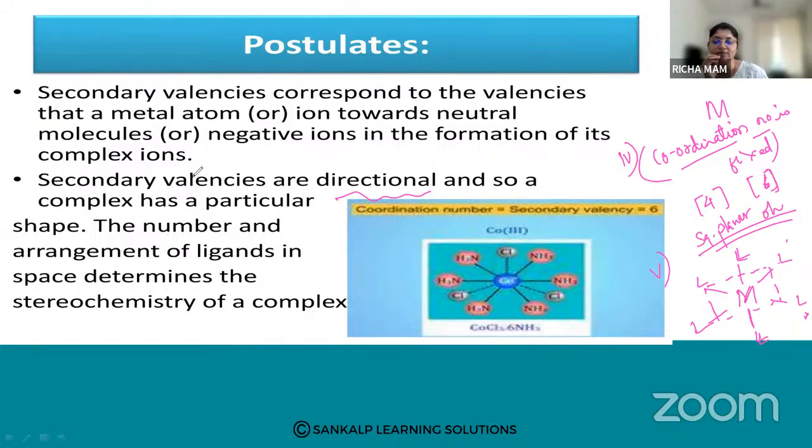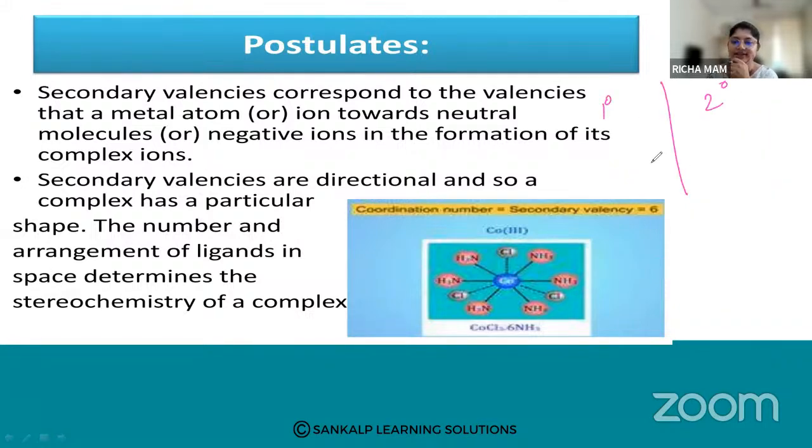Is it clear up to here? So these are the points. If they ask you the difference between primary and secondary valency: primary valencies are ionizable, secondary valencies are non-ionizable.